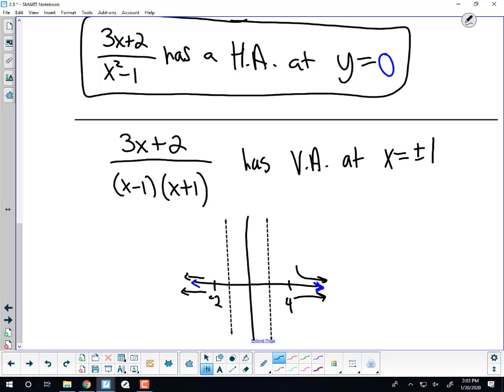But now that we know also that we have vertical asymptotes here, remember you had to look at one-sided limits. Because we know as we approach the vertical asymptote, the function's doing this, or this, or this, or this. Which one of those 4 is it doing? I don't know, I have to approach negative 1 from the right, negative 1 from the left, positive 1 from the left, and positive 1 from the right to determine that.